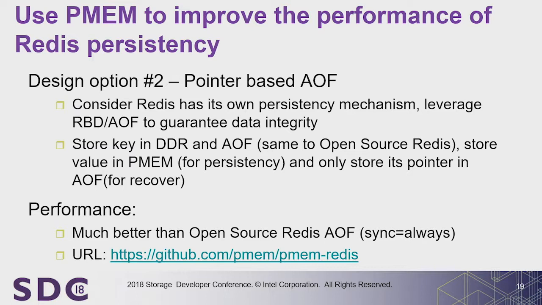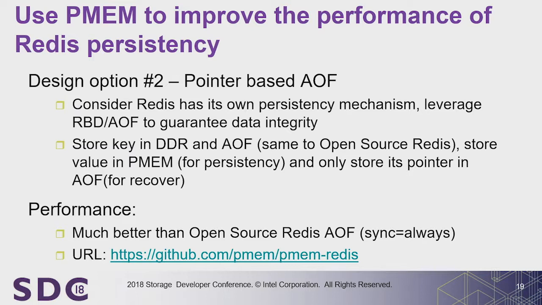And store the value in the PMEM, just keeping a pointer to the value in the AOF for recovery. So it still inherits from the original AOF mechanism, but leverages the PMEM to store the big values, with higher performance of the device, right?